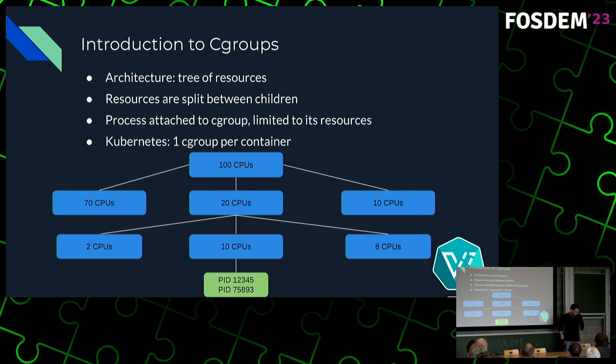The idea is that every process on the system is attached to a Cgroup, and the Cgroup limits the resources for this group of processes. And in Kubernetes, there is usually one Cgroup per container. This actually depends on the CRI that you're using, but the most common approach is to use one Cgroup per container.